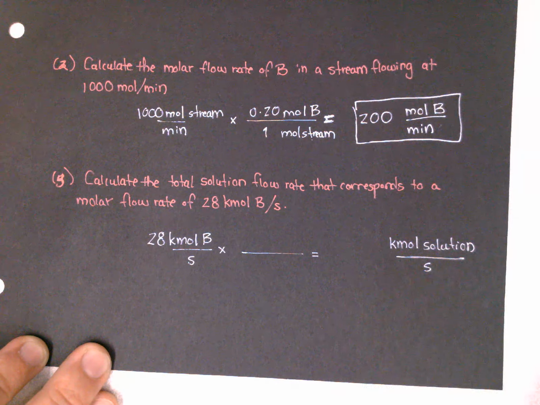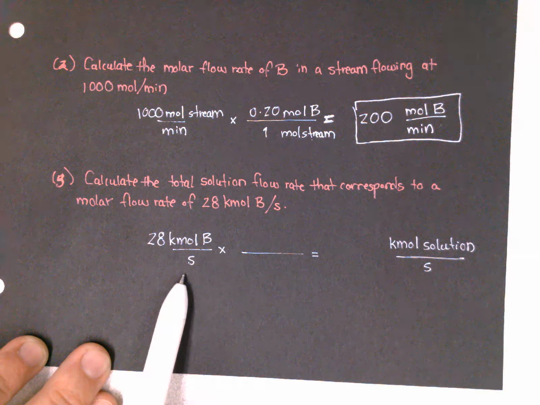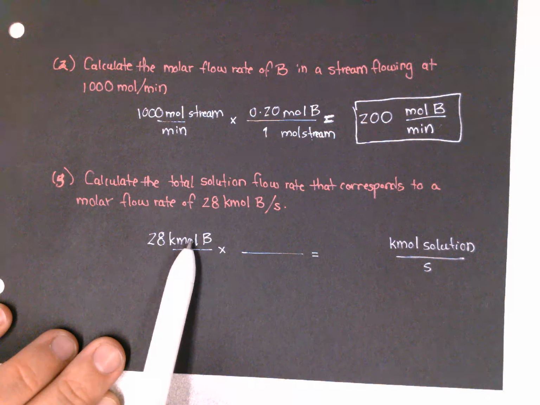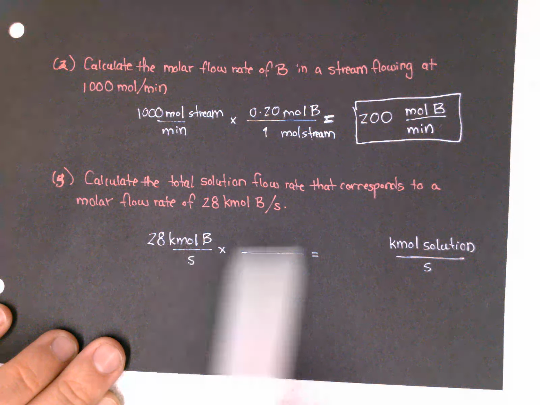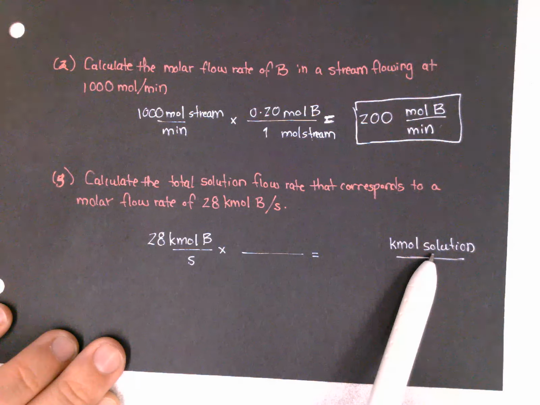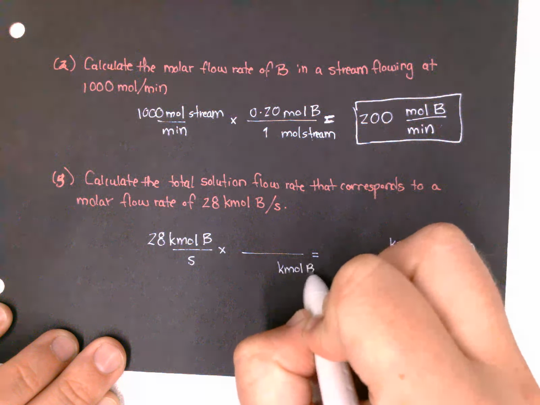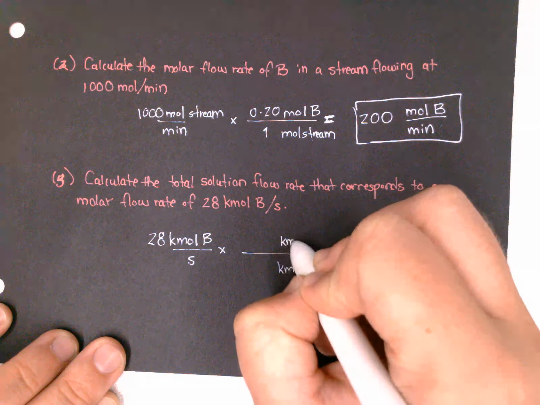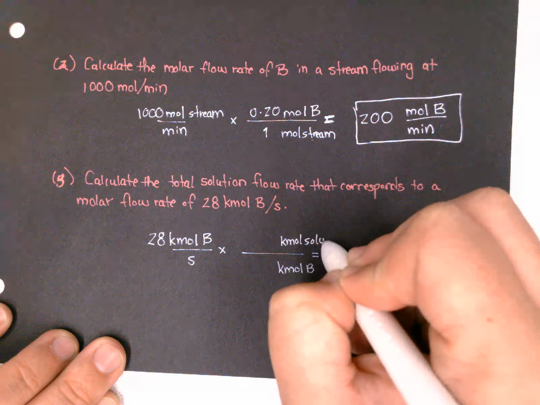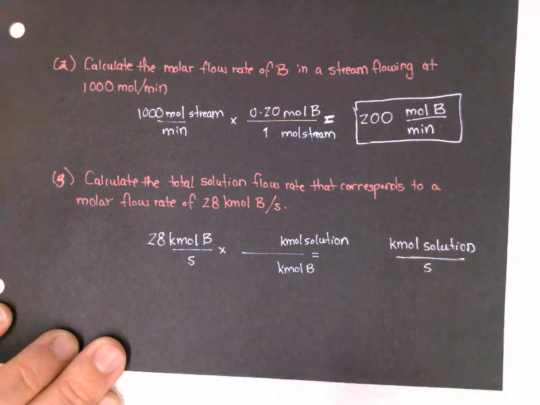That's what we want, right? So again, we don't have to do anything with the seconds, but we've got to do something about the fact that this is moles of B and we want kilomoles of solution. So if we want kilomoles of B to go away, it has to be in the bottom. If we want kilomoles of solution, it's got to be in the top. And I apologize, this is going to get a little messy here.